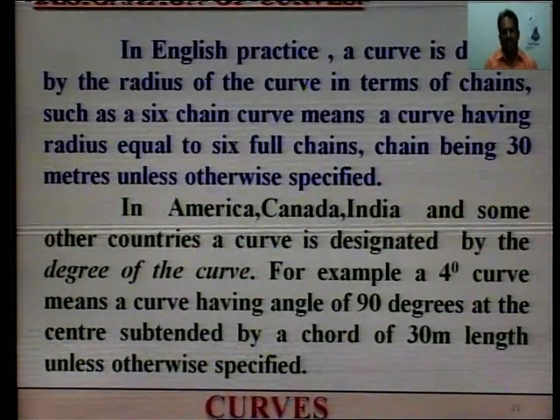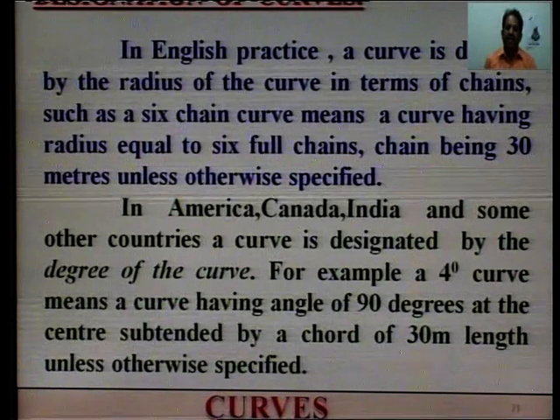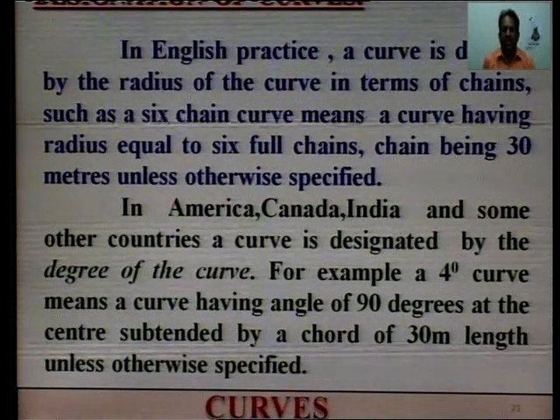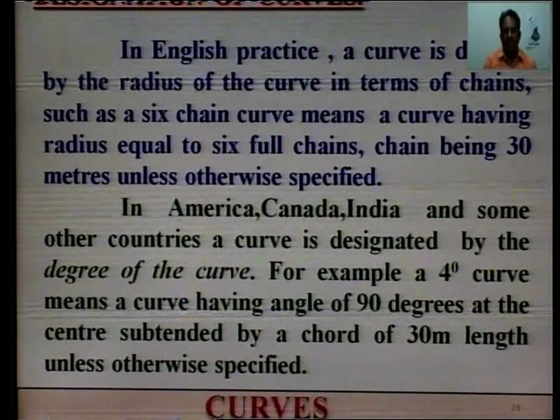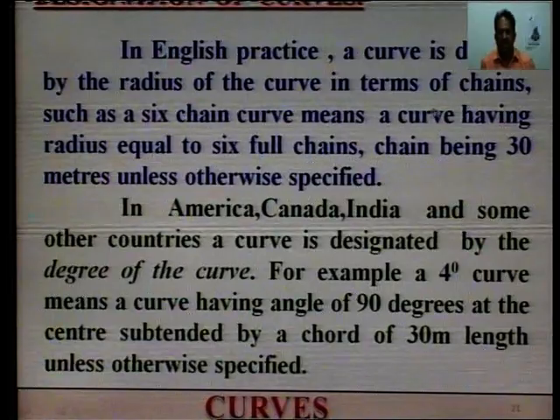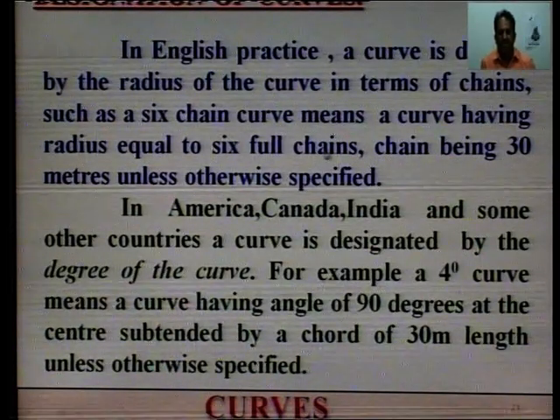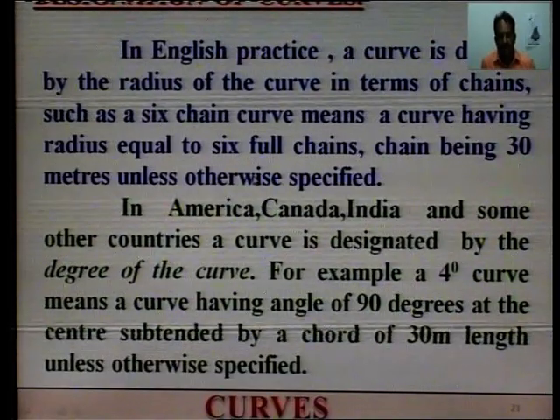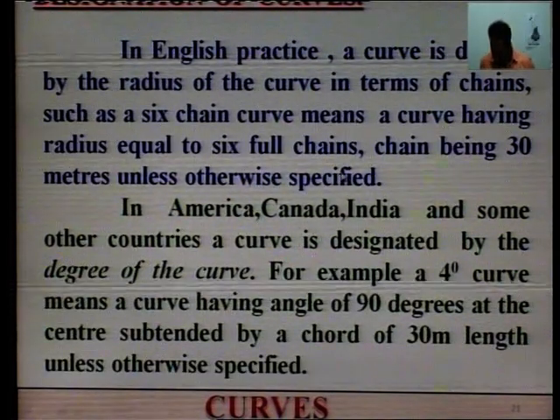In English practice, a curve is defined by the radius of the curve in terms of chains. You have studied chains in the last semester. A 6 chain curve means a curve having radius equal to 6 full chains, a chain being 30 meters unless otherwise specified.